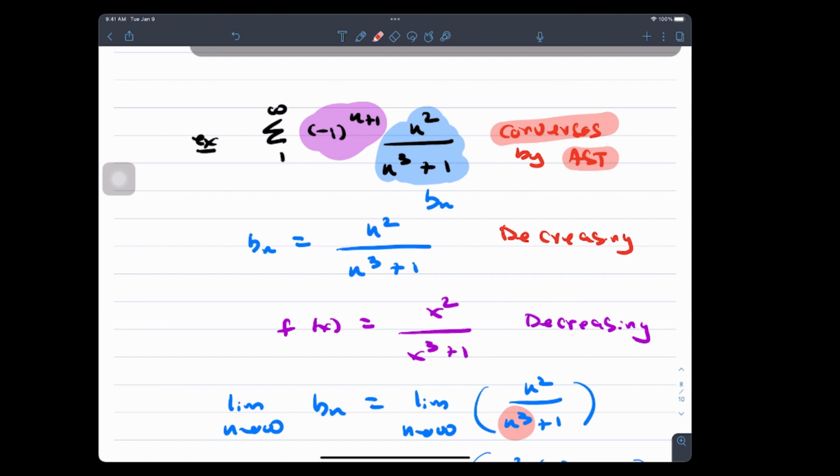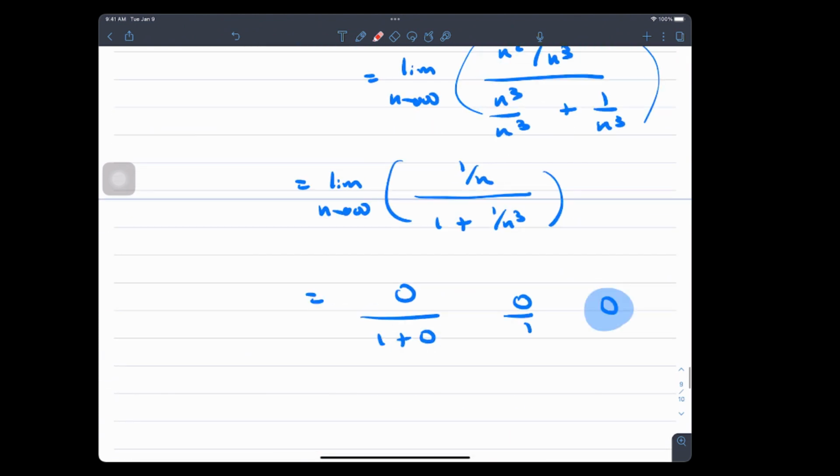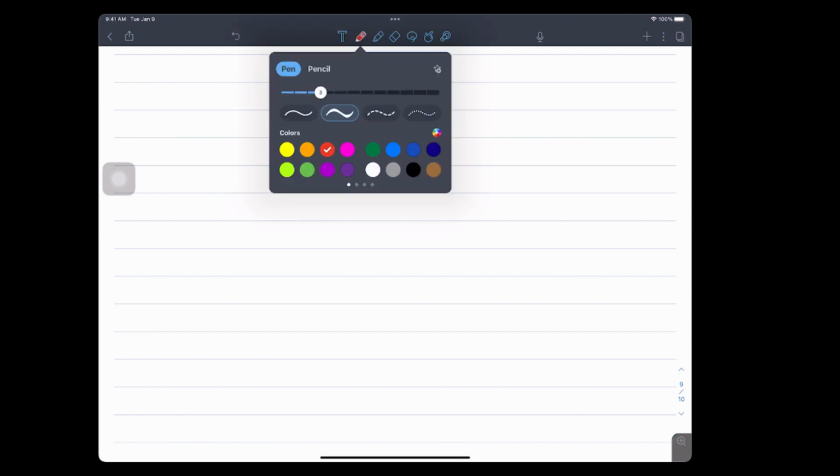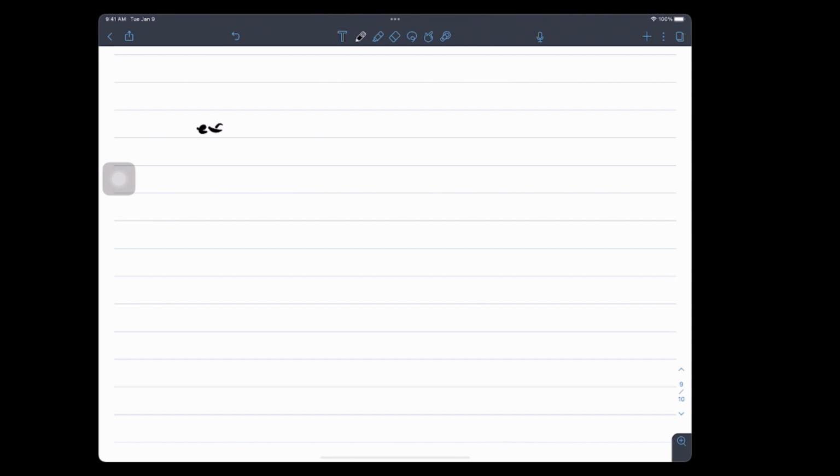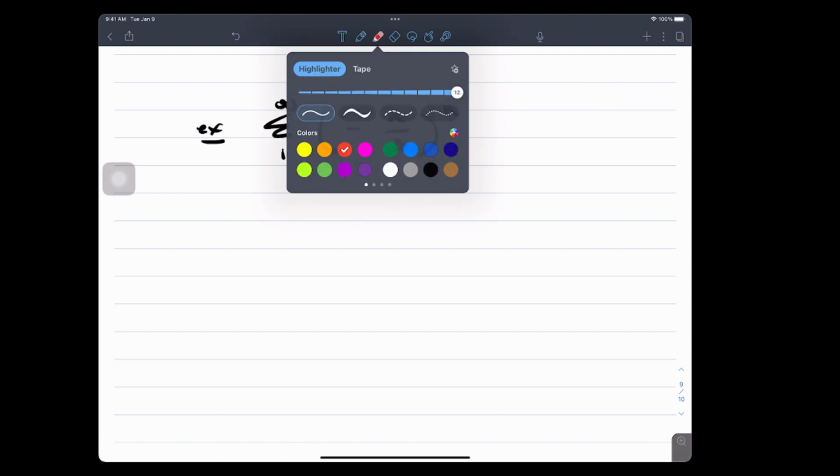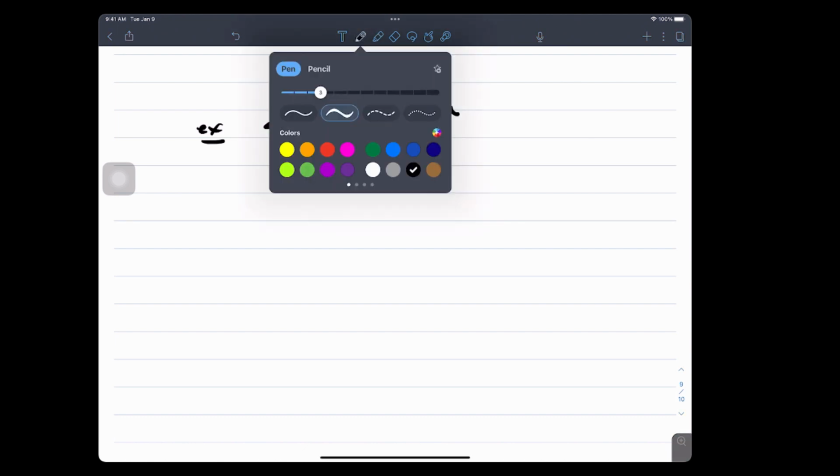Let's try this one here. Okay, so you see something like this, and you say, well, what do I do with that little power here, right?